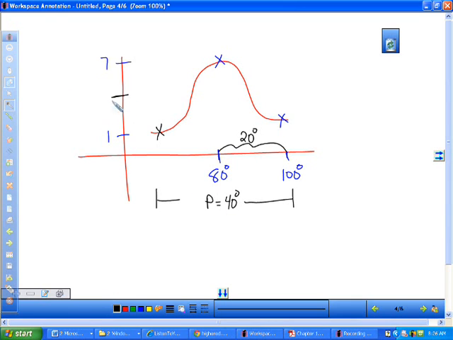What's this value right there? 7 plus 1 is 8. 8 divided by 2 is 4. That value is called your D value, right? And what's my A value? 7 minus 4 is 3. That's your A value.